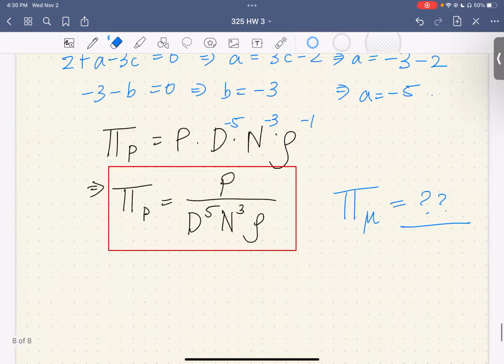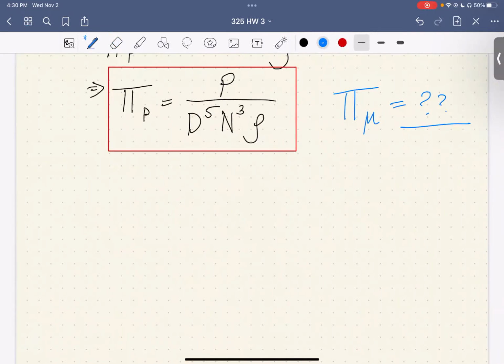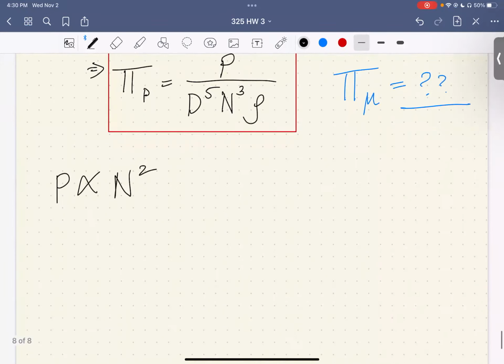So let's go back down. We know the power is proportional to the number of rotations squared, right? Great. So the next thing to do is relate our dimensionless terms.